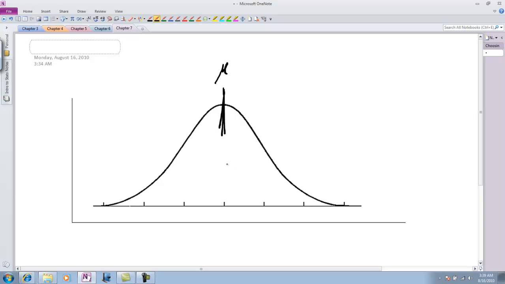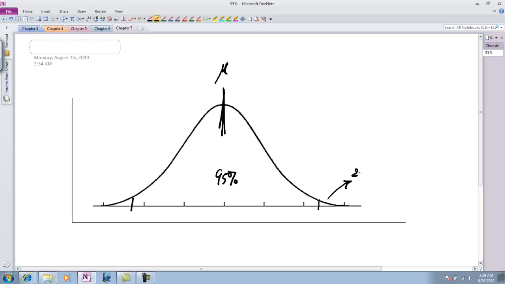If we want to come up with a 95% confidence interval, then we would imagine that we knew the mean. And if we knew the mean, we would find a z value that would cut off 95% of the population inside and leave only 5% outside.